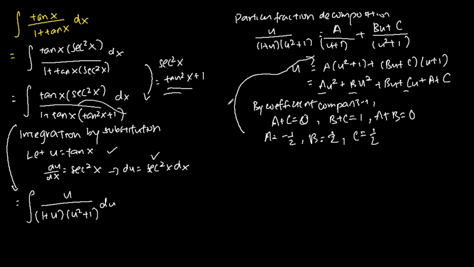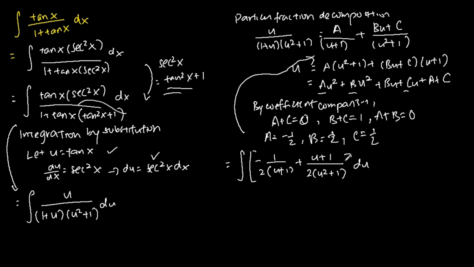So u over u plus 1 times u squared plus 1 is as follows, which is the integral of negative 1 over 2 times u plus 1, plus u plus 1 over 2 times u squared plus 1, du.